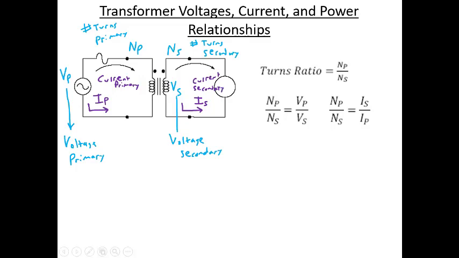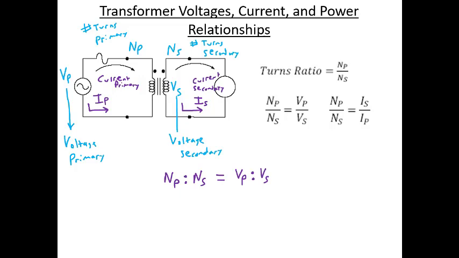Okay. All right. So for our transformer problems, what we're going to find is that there is a ratio between the number of turns in the primary and the number of turns in the secondary. If we know the ratio between the number of turns in the primary and the secondary, that's going to be equal to the voltage ratio of the primary to the secondary.